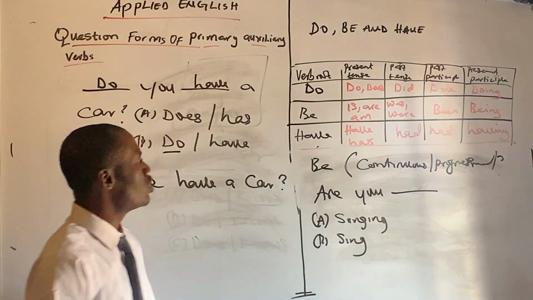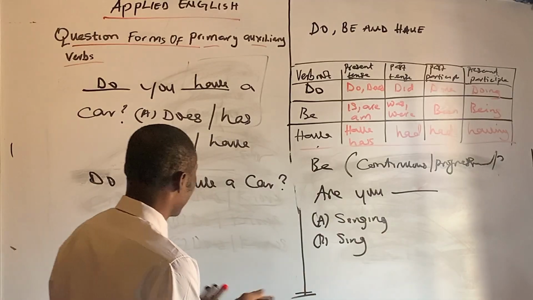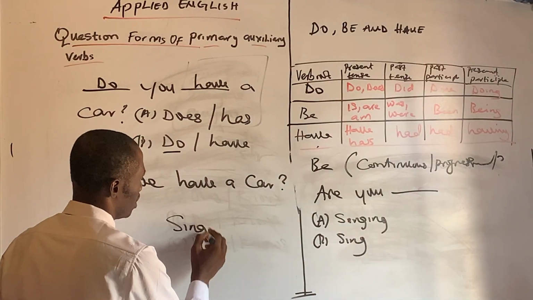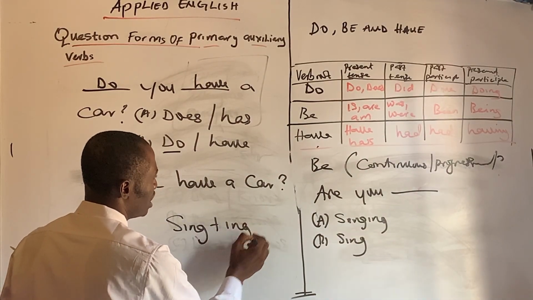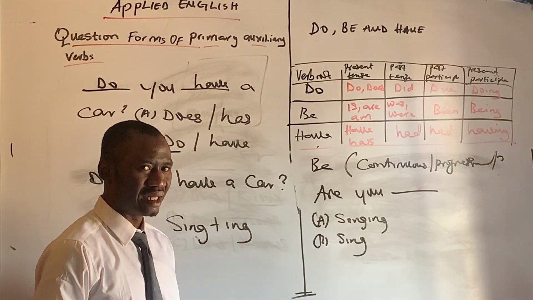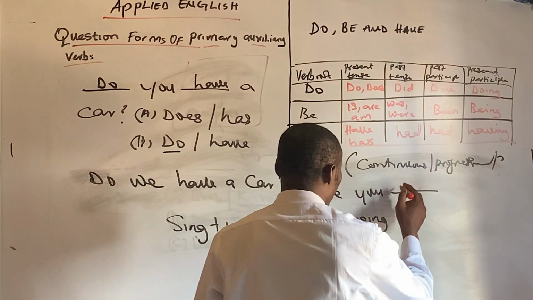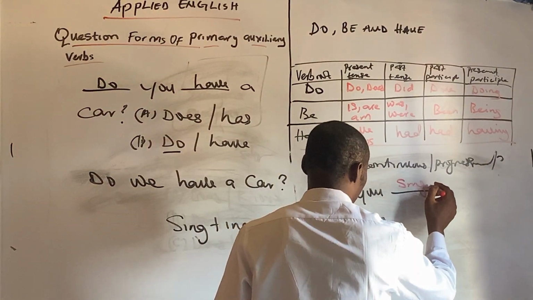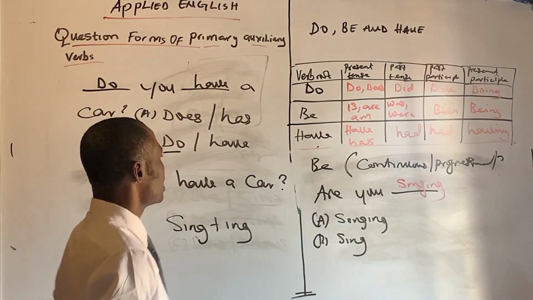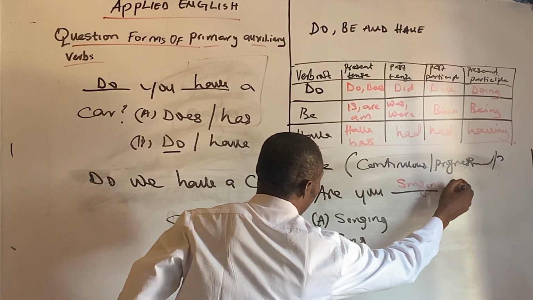If you check the continuous form of sing, if you add ing, it will become singing. So it is "are you singing," not "are you sing." This becomes "are you singing." Alright? Let's do another question. This is a question mark. Don't forget that.